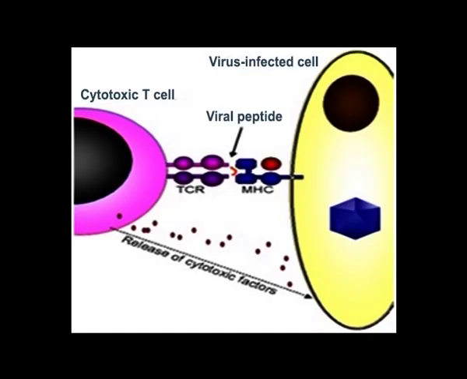The first steps of the classical complement pathway require the binding of antibodies to the surface of the target bacterium. The antibodies then become a target for one particular complement protein complex known as C1. C1 binds to the tail, known as the Fc region of the antibody.